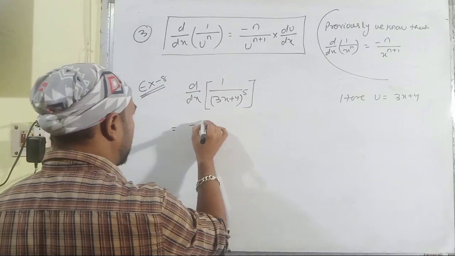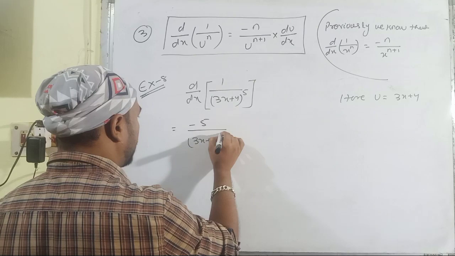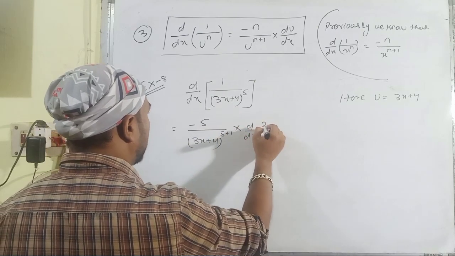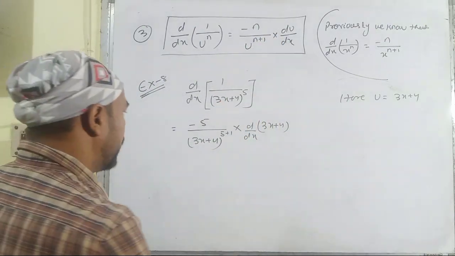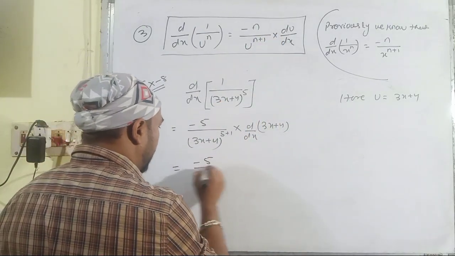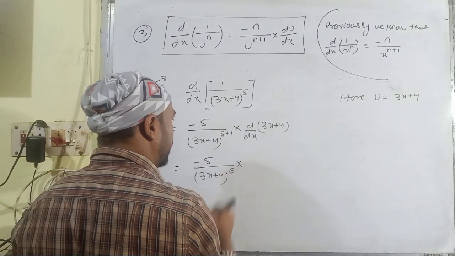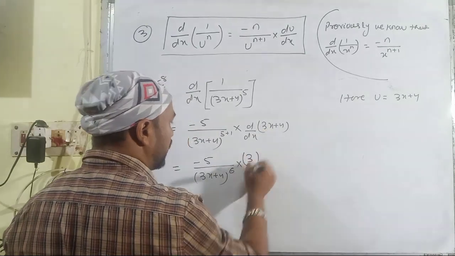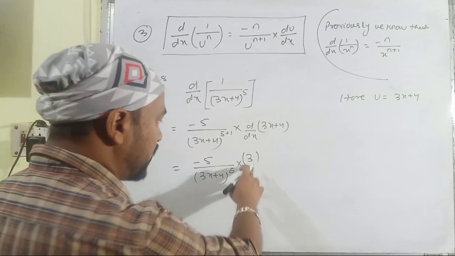So it will be minus 5 divided by 3x plus 4 whole to the power 5 plus 1 multiplied with the differentiation of 3x plus 4 because this is the u. Minus 5 divided by 3x plus 4 whole to the power 6 multiplied with the differentiation of 3x, it is 3, and differentiation of 4 is 0. So 3 plus 0 is 3.